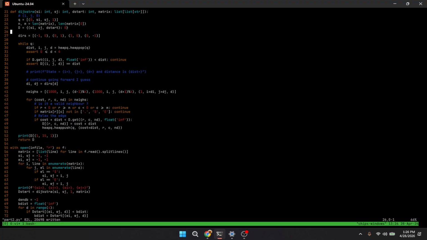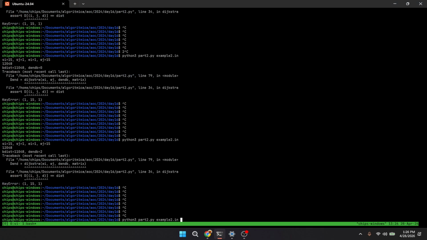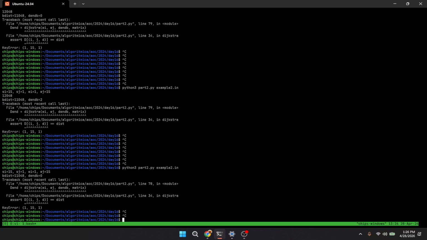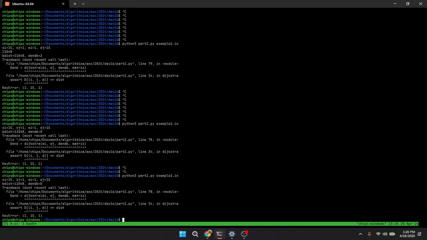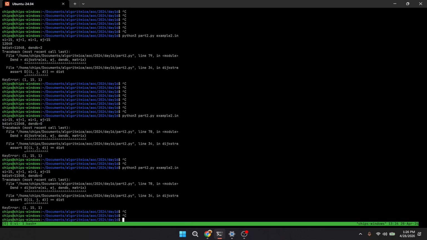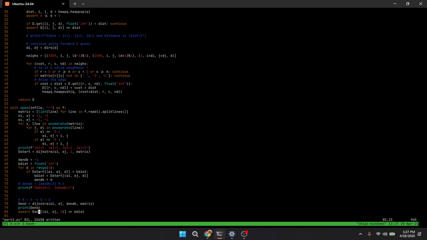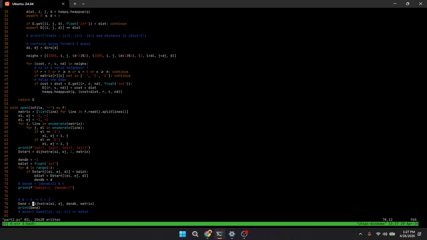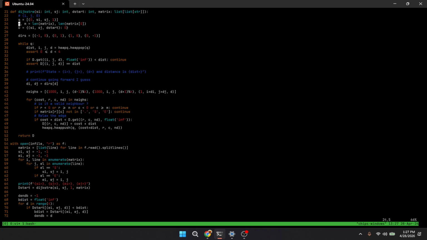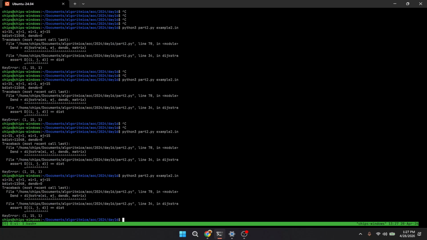Oh, we're just printing this, which is silly. Gradient. Key error.